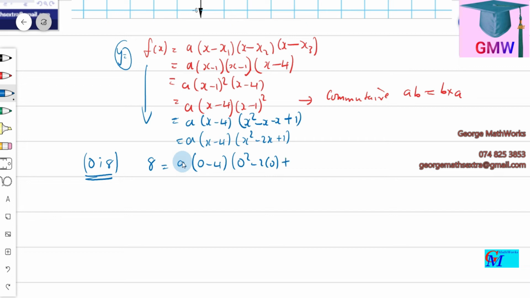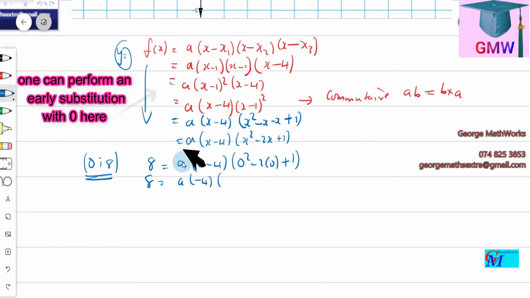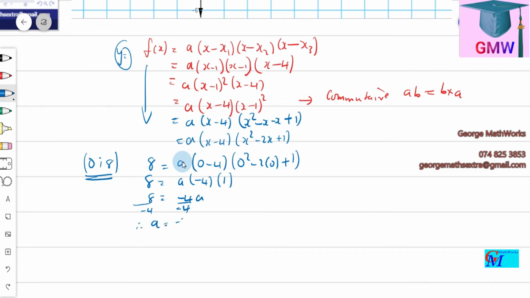Then in the end, I have 8 is equals to a, 0 minus 4, that's minus 4, and at this point, that's 0 here, minus 0, then plus 1. So if we multiply this in the end, we have 8 is equals to negative 4a. Divided by minus 4, divided by minus 4. So in the end, therefore, a is equals to minus 2.